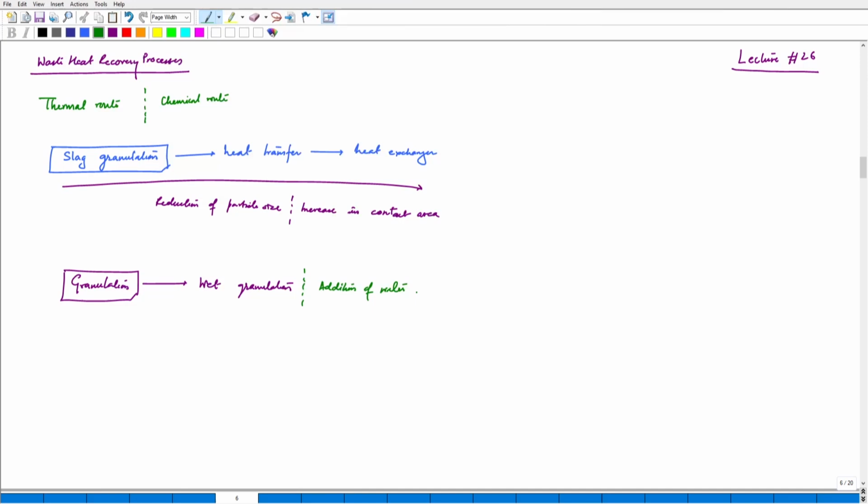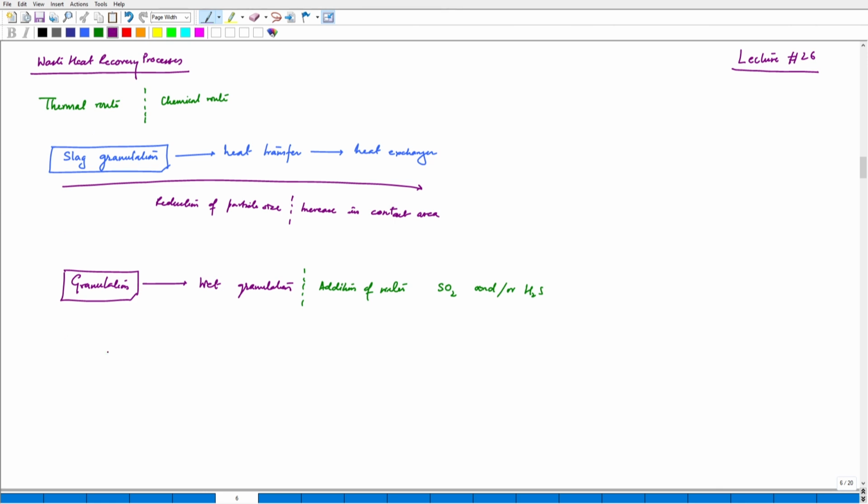So when we are adding water to slag, depending on the composition of the slag, there is a possibility of generation of gases. Now, what are the gases that can be generated? We will look at them. If sulfur is present, we can have SO2 and/or H2S generation when we are adding water into it.